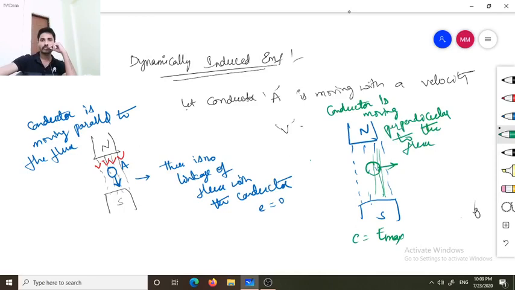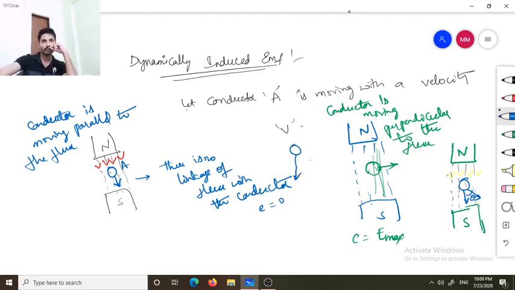Now we'll see the third case. In this case, the conductor is moving at an angle with the field lines.